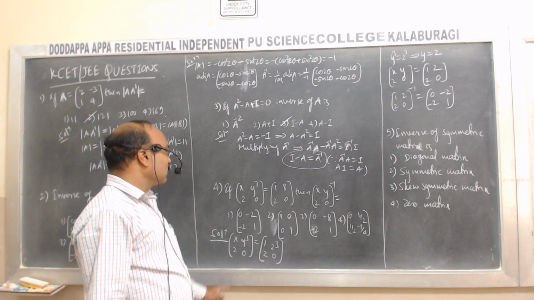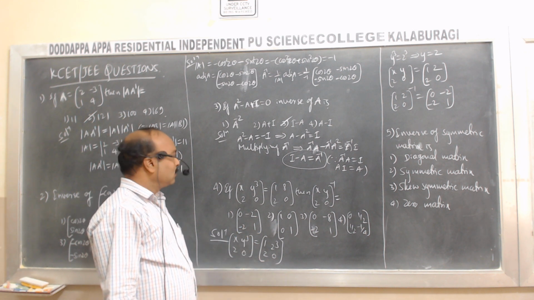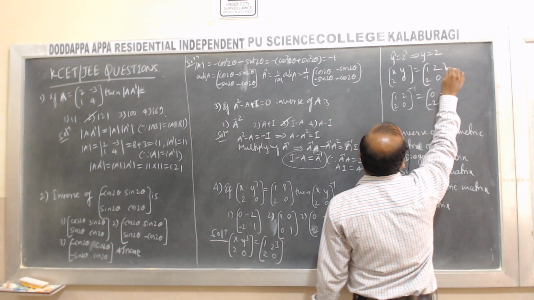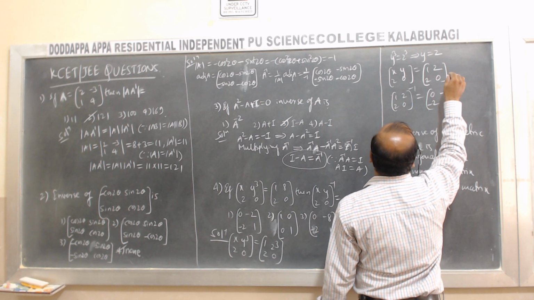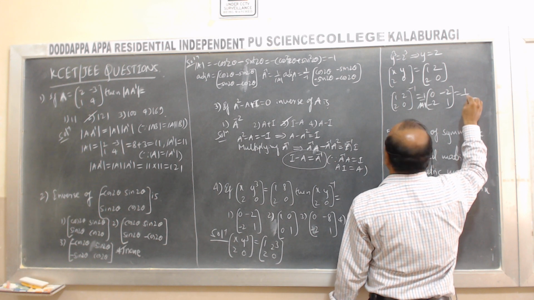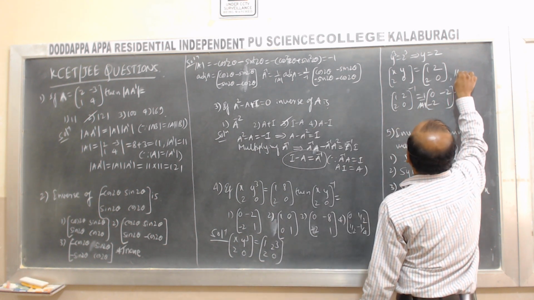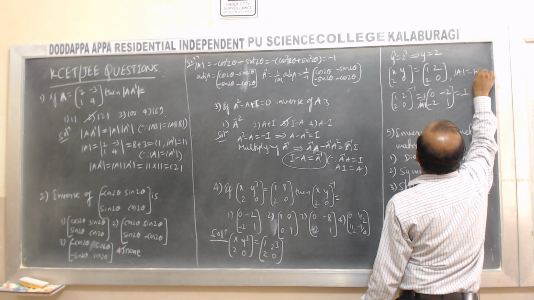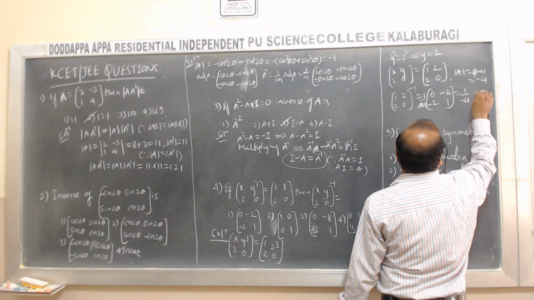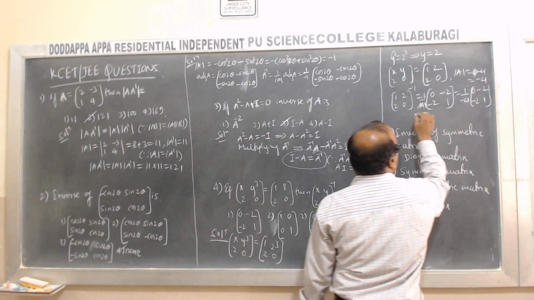The inverse is given by 1 by determinant of A. Determinant of A is 1 into 0, 0 minus 4 is minus 4, so it is 1 by minus 4 into [0, minus 2; minus 2, 1].